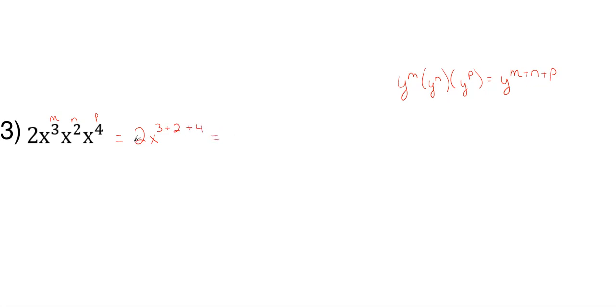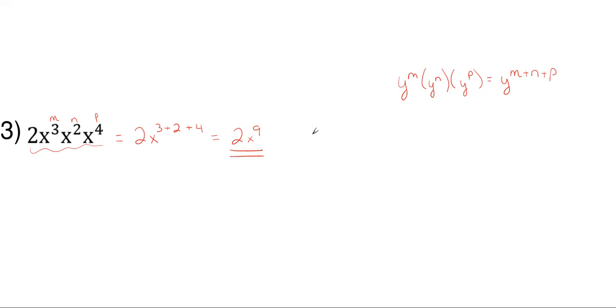So essentially, 2 times x to the power of 3, times x to the power of 2, times x to the power of 4, all simplifies down to 2 times x to the power of 9, since 2 plus 4 is 6, plus 3 gives me 9 as my power. So you took this mess here and made it nice and easy and a little bit simplified to help you out with whatever expression this is being used for.